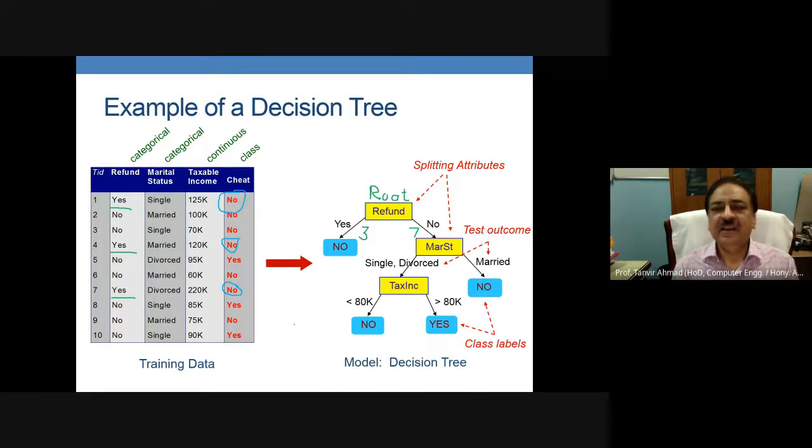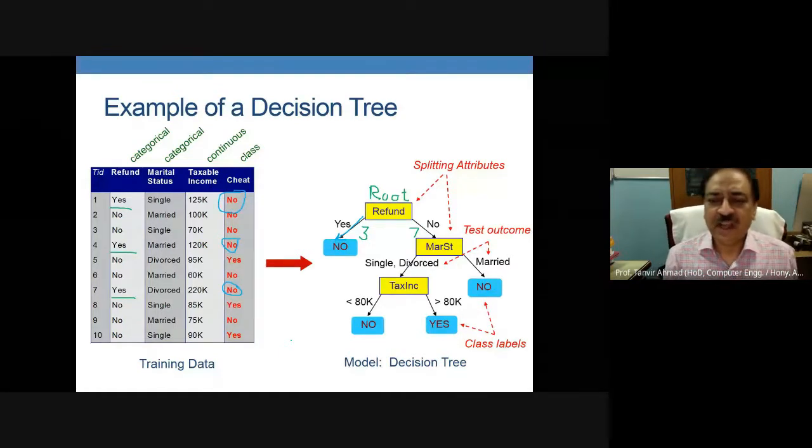It has 0 impurity, which means anything coming from this branch is a pure partition. Therefore, there is no need to classify it further downwards, because once I get a pure partition, there is no need to go further down. So I replace that with a leaf node having a no.